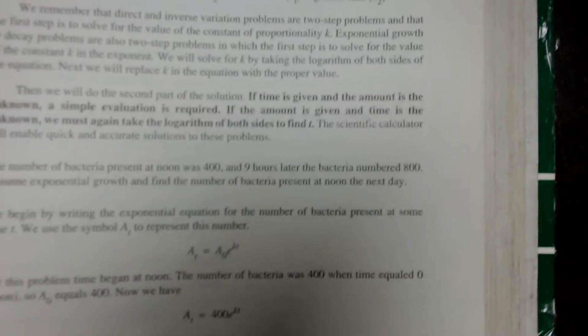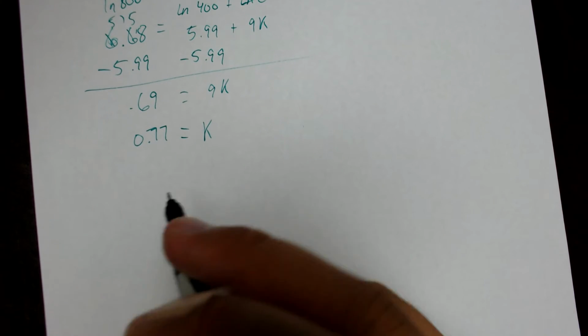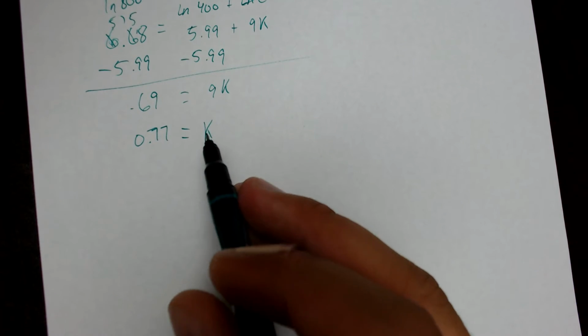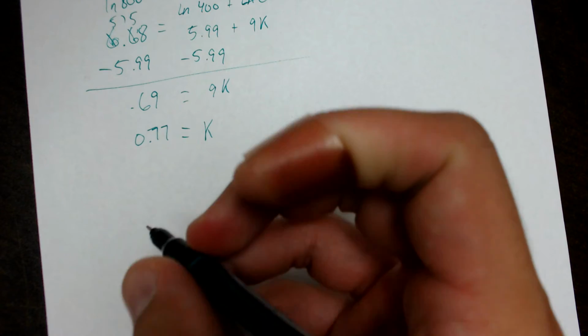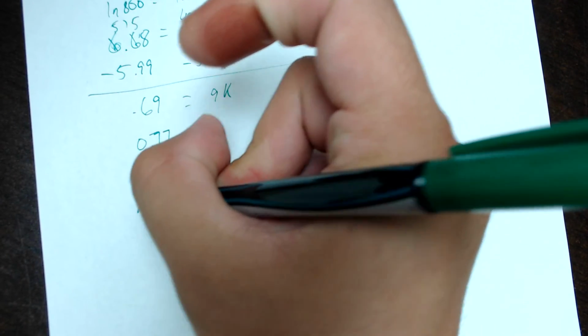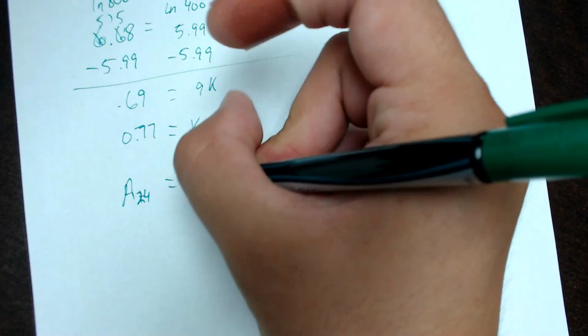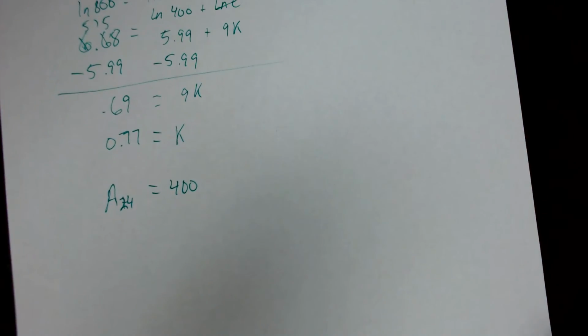So noon the next day is how many hours later? 24 hours later. So if we're starting at noon, 24 hours later is going to be noon the next day. So now we have a brand new problem. We know the constant, but we do not know our ending time. So our amount at time is going to be unknown, or it's going to be amount at 24. We do not know that. Our amount at 0 is still going to be 400 because that's the starting point.